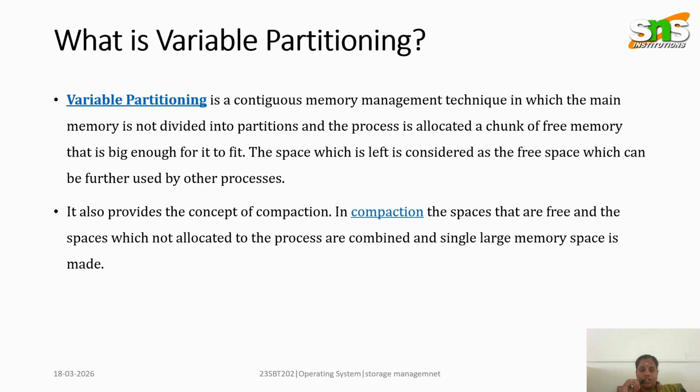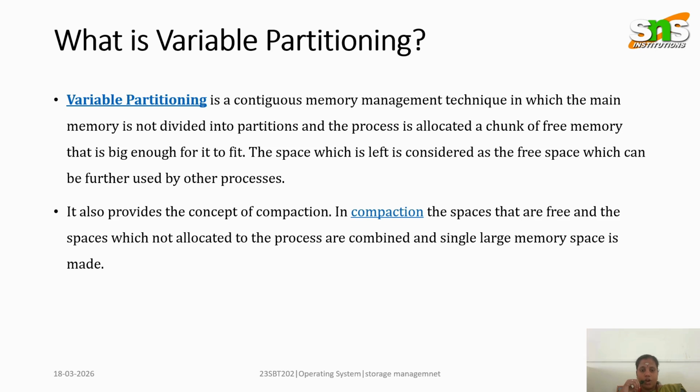Variable partitioning is a contiguous memory allocation technique in which the memory is not divided into partitions, but the process is allocated a chunk of free memory that is big enough for it to fit. The space which is left is considered free space, which can be further used by other processes.